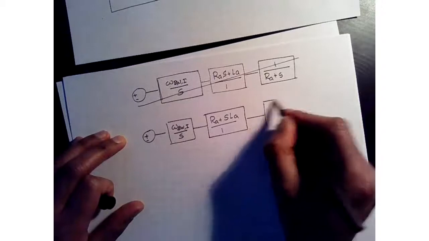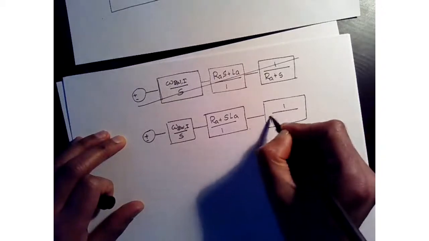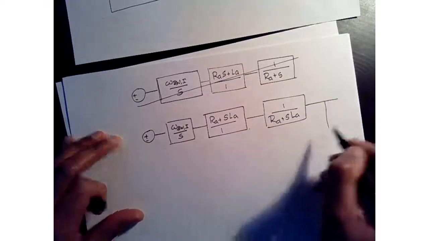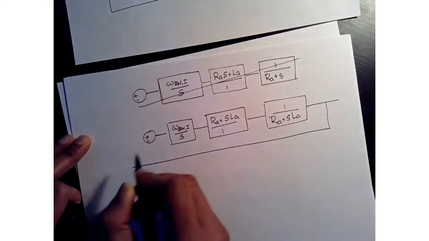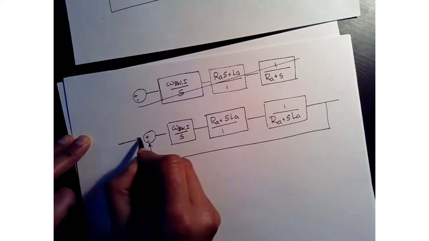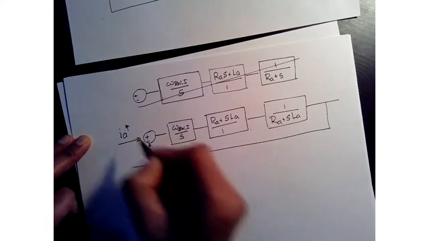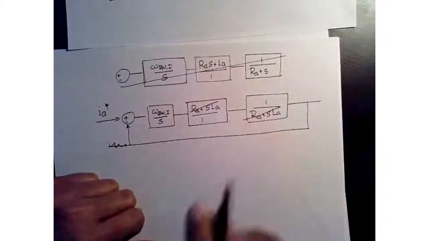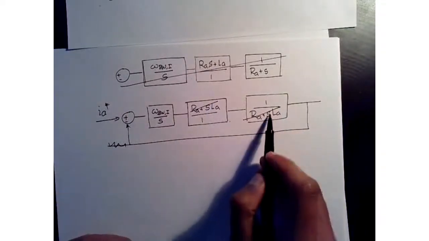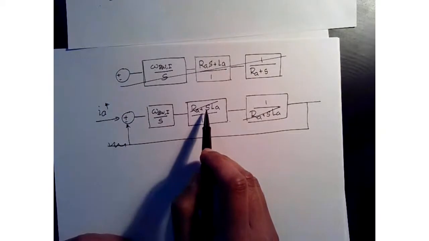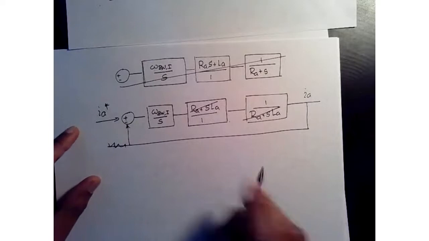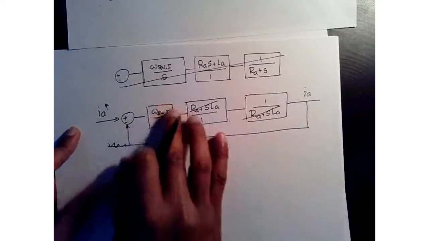And then from our plant, we have 1 over RA plus SLA, and then we have our IA star here. So very conveniently, we are able to cancel the pole from the controller zero. So this is IA, and now we only have this term as a transfer function.